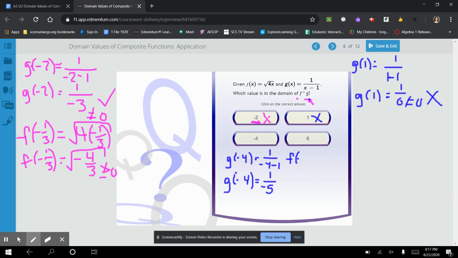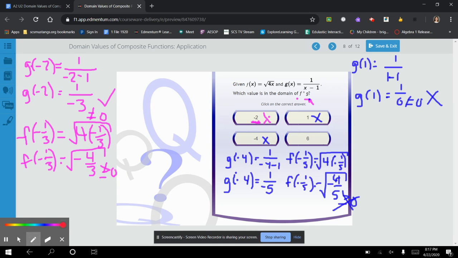So f of -1/5 is going to be equal to the square root of 4 times -1/5. So f of -1/5 is going to be equal to the square root of -4/5. Again, this has to be greater than or equal to 0, and it is not. So it's not going to be -4. So hopefully I haven't made a mistake and it's something else.